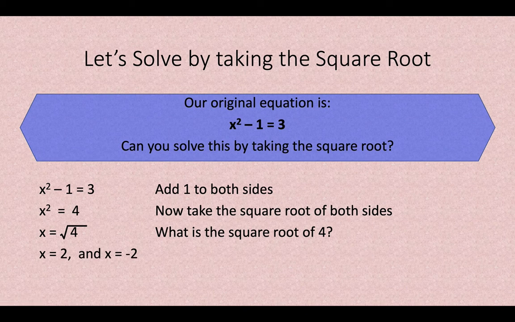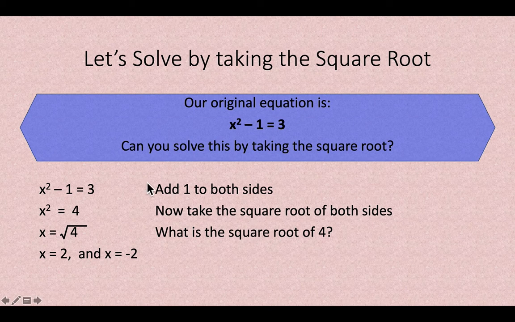And in our last video, we talked about when we have a radical, if we're given a radical, we just assume the positive value. But if the radical happens in a process of our solving, then we have to look at both the positive and negative. And so because we created the radical, it wasn't given to us, we have to look at both the positive 2 and the negative 2. And we already know from our graphing that 2 and negative 2 is the solution for this equation.